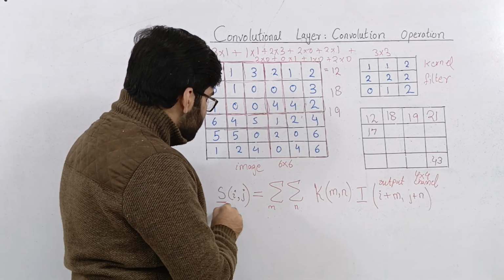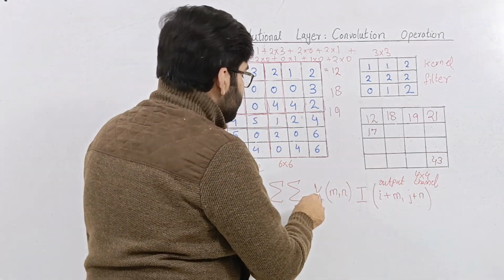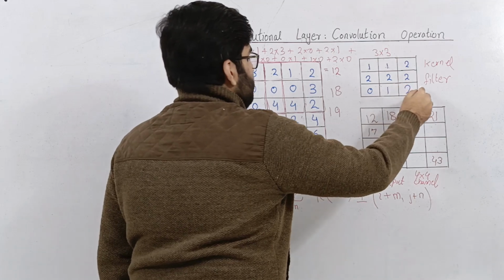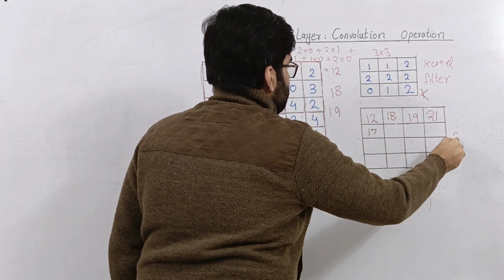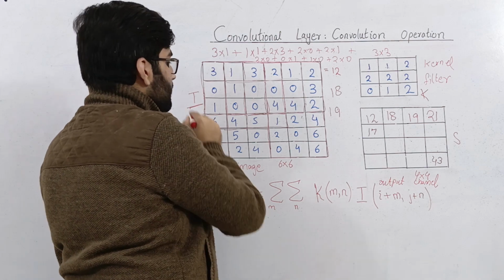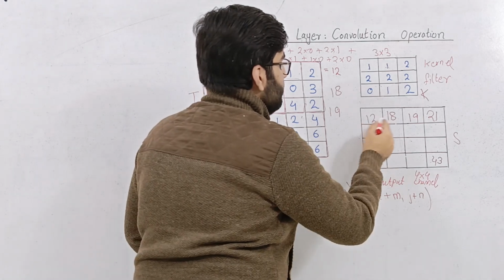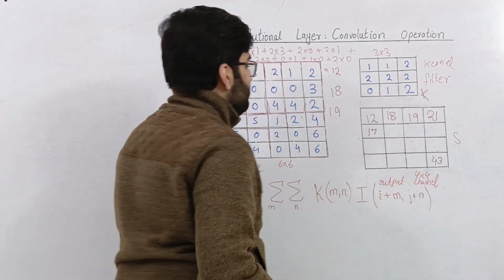S means the output channel, K means the kernel, and I means the input image. So using this equation, we have filled in 6 values.